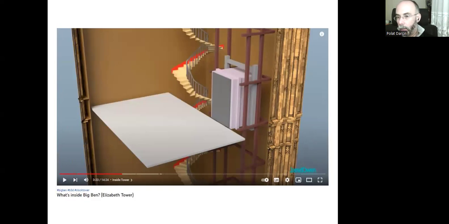Here, we can see the floor, and when the cabin is at that floor, the doors will open and we will step outside. So the elevator with its own structure can stand on its own. It doesn't need anything else.